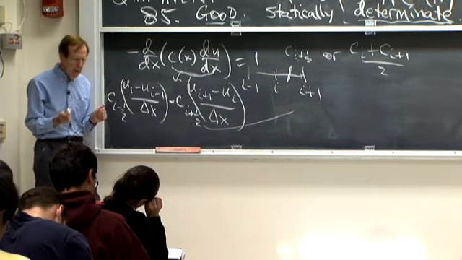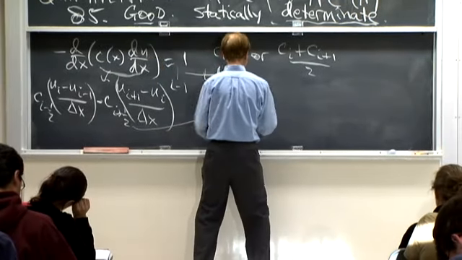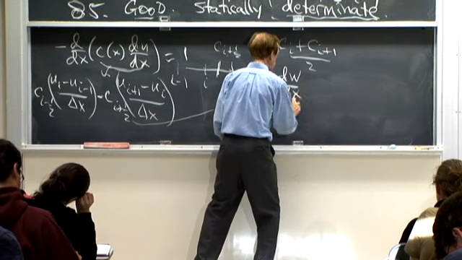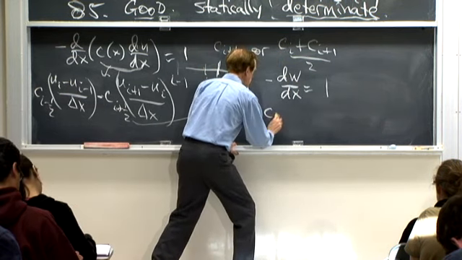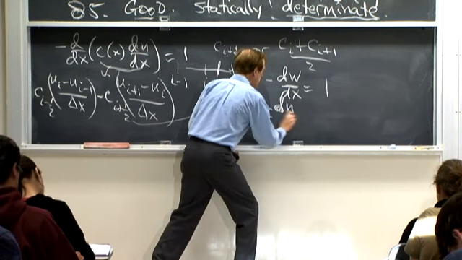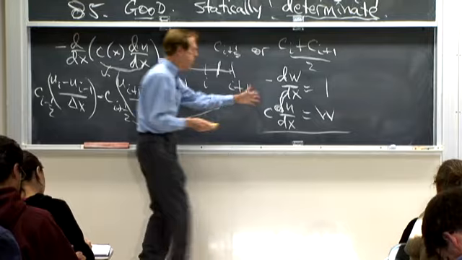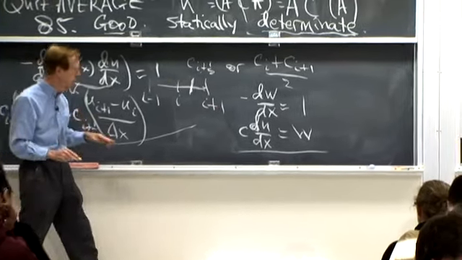Well, if you look at it right, there's no difficulty. That equation is a combination of this equation, minus dw dx equals the 1, and the equation C du dx equaling the w. I split it out for you in the last part, problem 4b in the quiz.